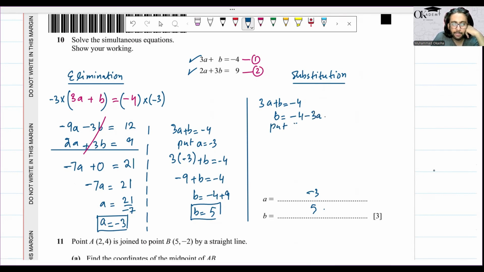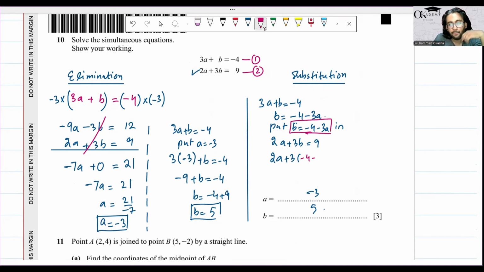I'll put the value of b in this equation, the second one. It's just an interplay of equations and nothing else. So 2a plus 3 times, instead of b, I'm going to put negative 4 minus 3a. It feels like I've made it a lot messier. But anyways, that's how substitution is supposed to look.